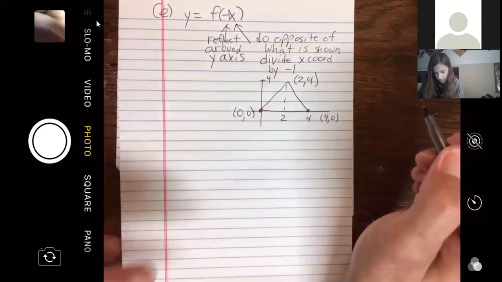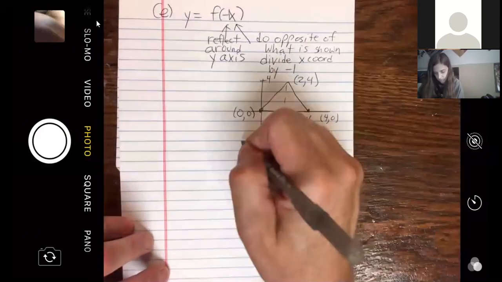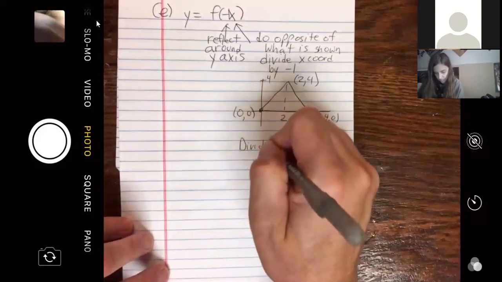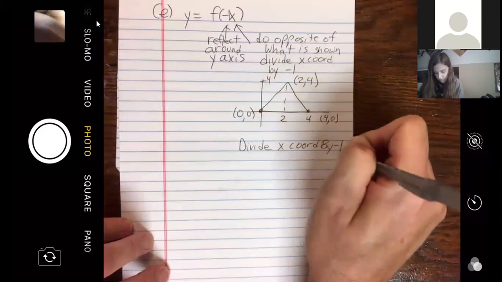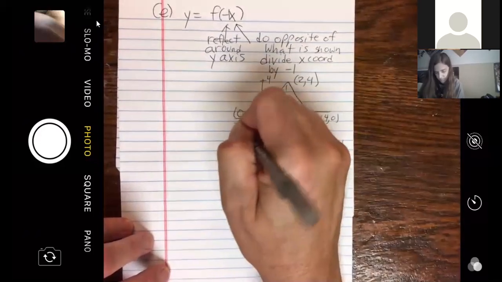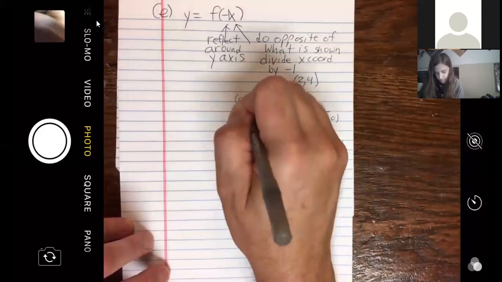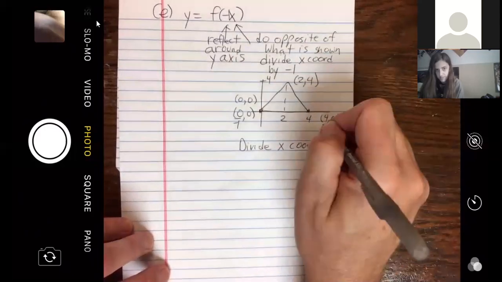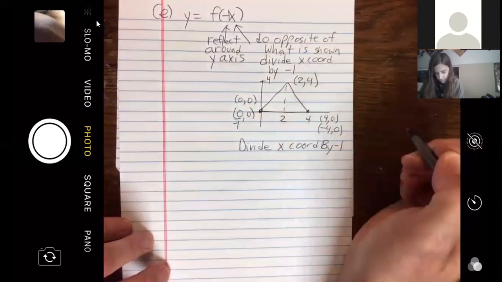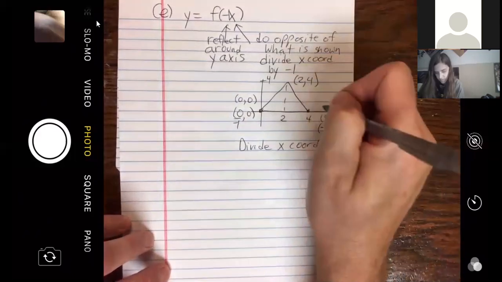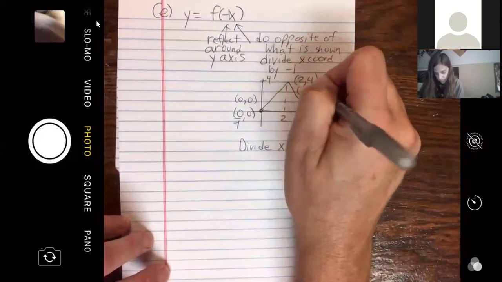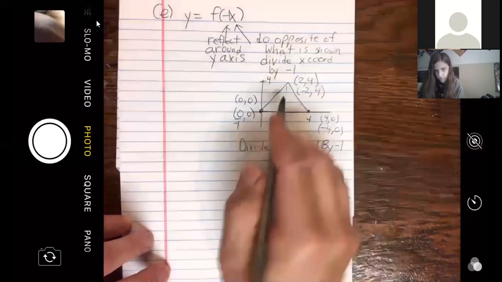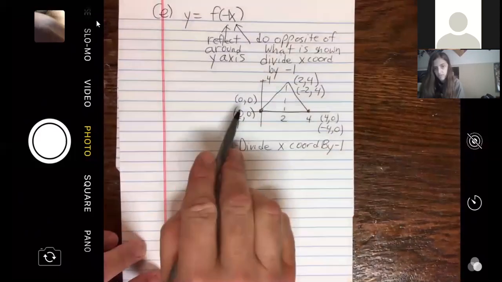If you divide your x coordinate by negative 1, this will stay 0, 0. This will go to negative 4, 0. And this will go to negative 2 and 4. Divide by negative 1 just switches sign. It won't change 0.